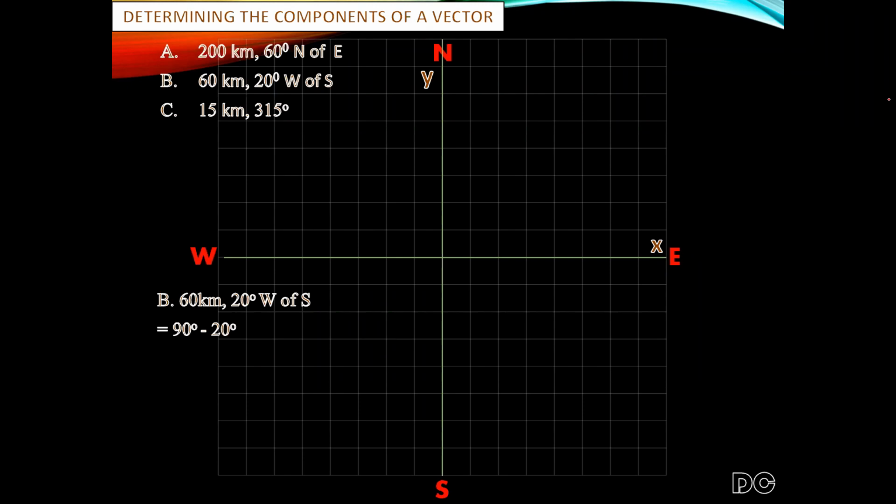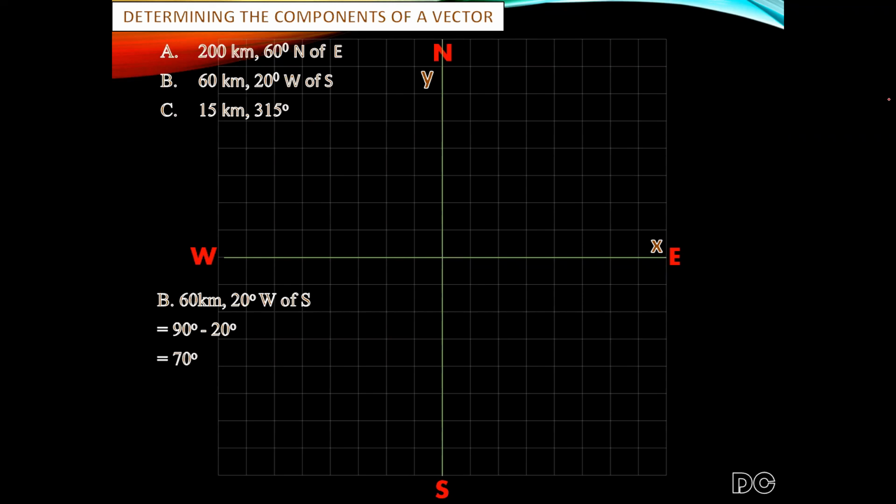If not, if the direction after the word of is south or north, therefore it is on the y-axis. For example, for vector B, since the direction after the word of is south, therefore it is on the y-axis. To transfer this, we just simply subtract 20 degrees from 90 degrees, and that is equal to 70 degrees.